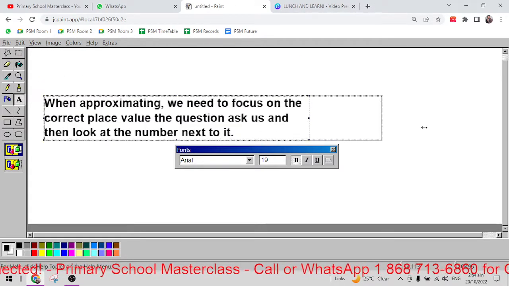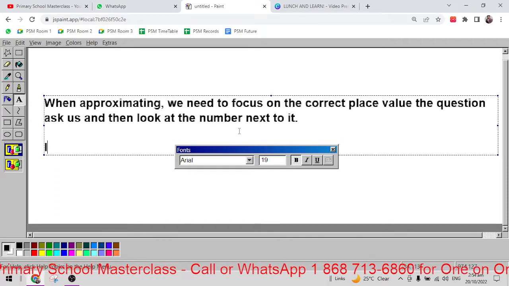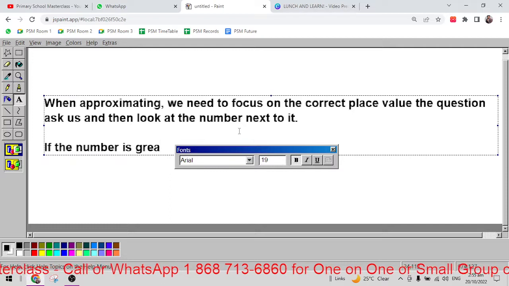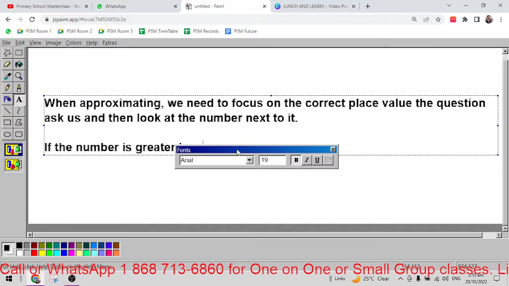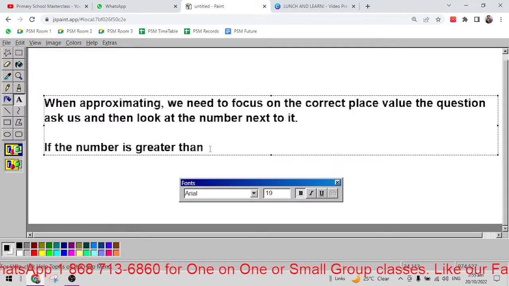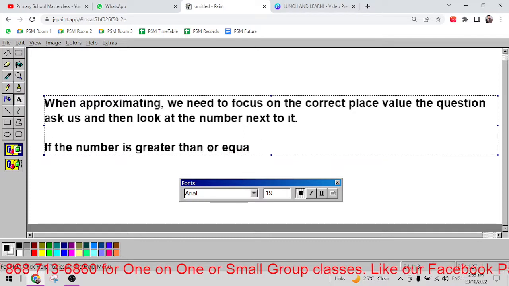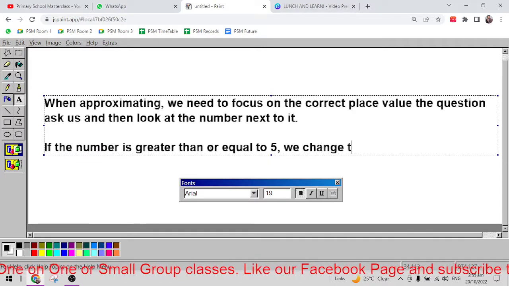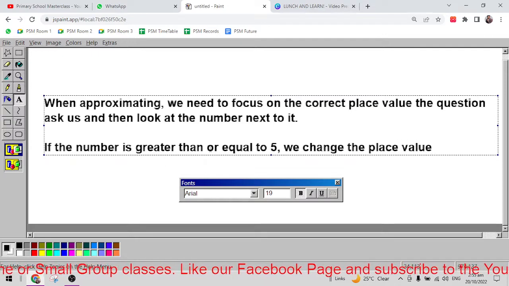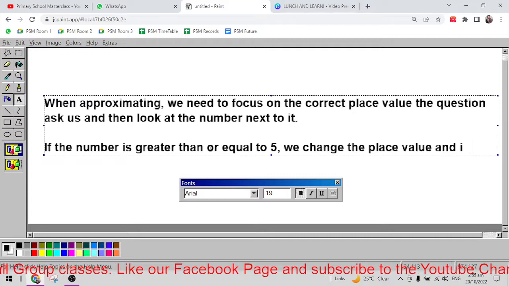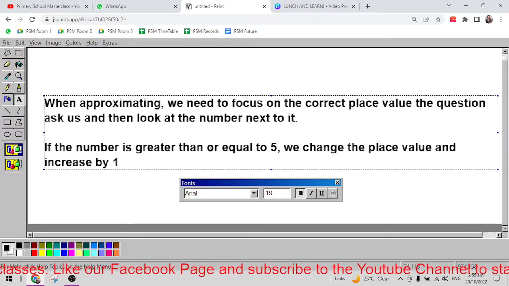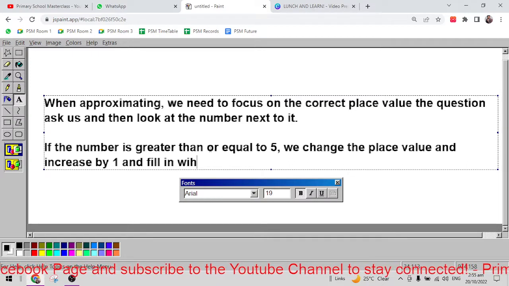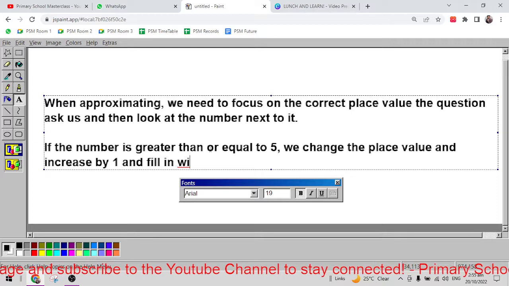This is a general note for approximation. If the number is greater than 5, we change the place value by increasing it by 1, and fill in with zeros.